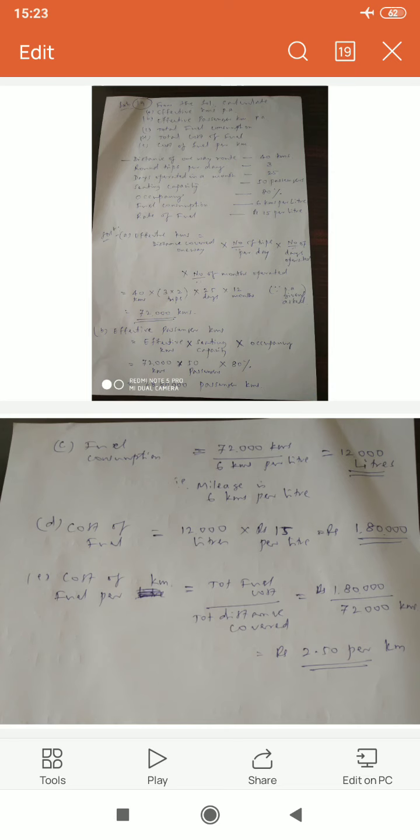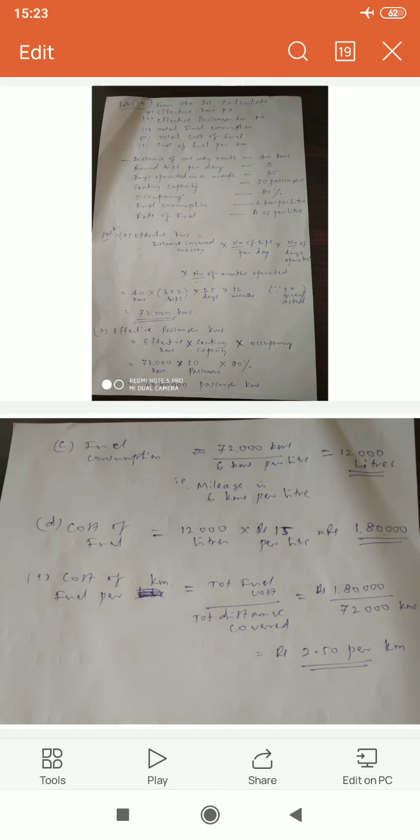Then the last requirement, cost of fuel per kilometer. You have been asked to ascertain the cost of fuel per kilometer. When the annual consumption of fuel in monetary terms is rupees 1,80,000, how many kilometers does it cover during 1 year?